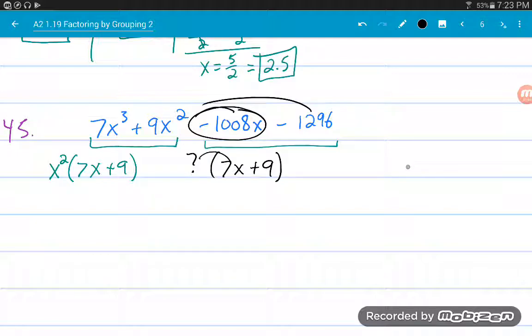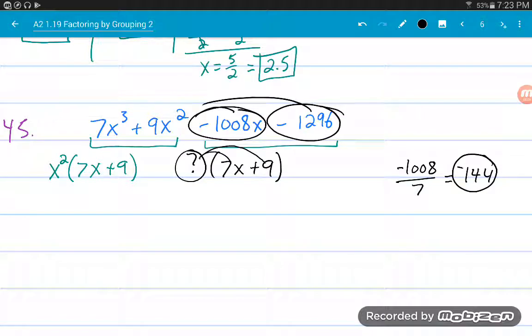An easier way to check that is to use division. Negative 1008 divided by 7 is equal to 144. Well, negative 144. Okay? If you wanted to do the same thing, you would say, what distributed to here, so times 9, would give me this.